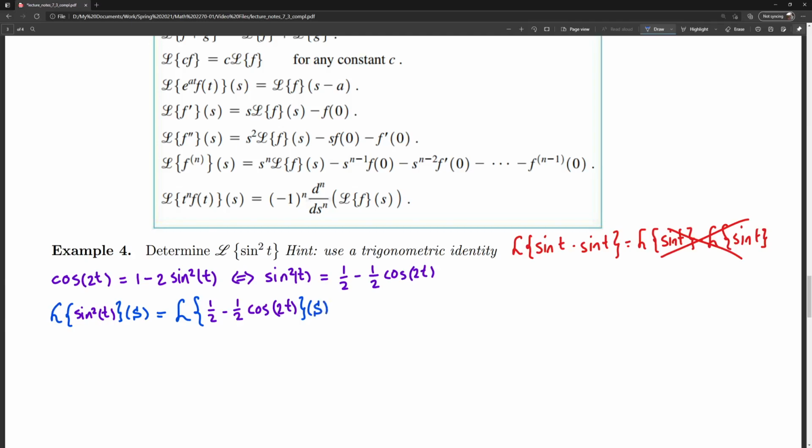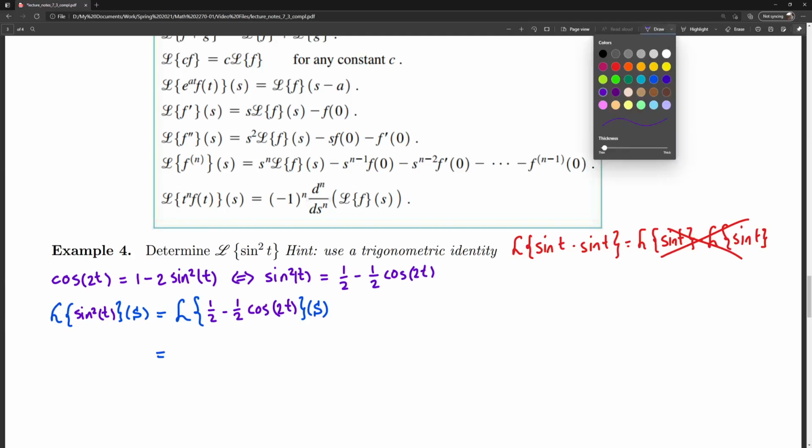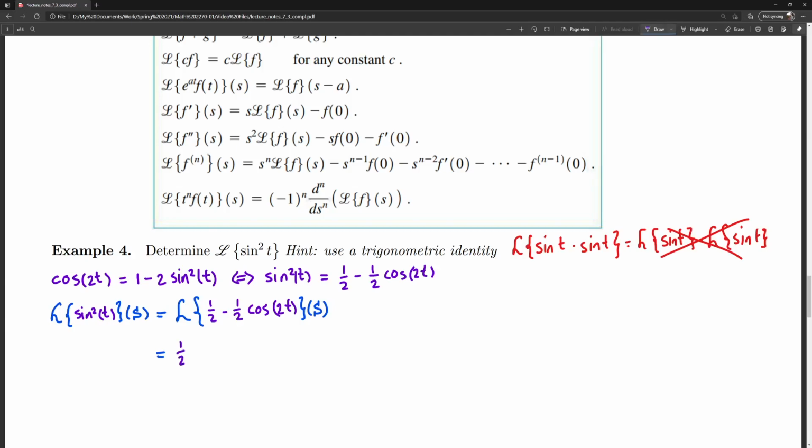And what we're then going to do is use the linearity of the Laplace transform. So I'm going to write this as 1/2, right? That's a constant multiple.